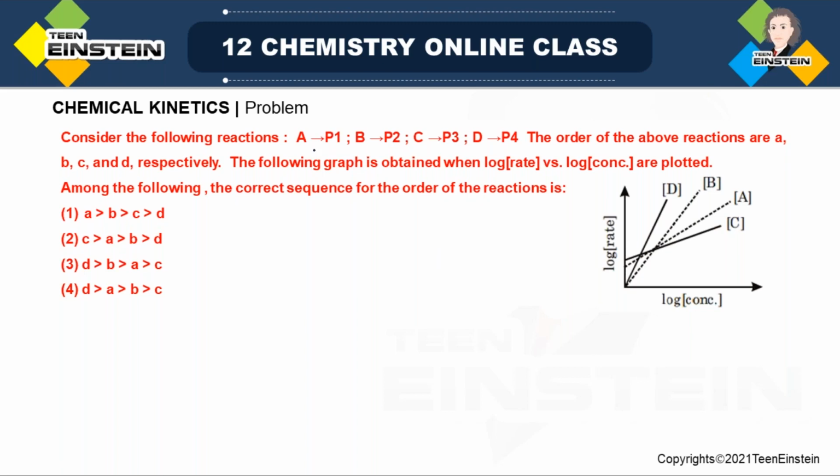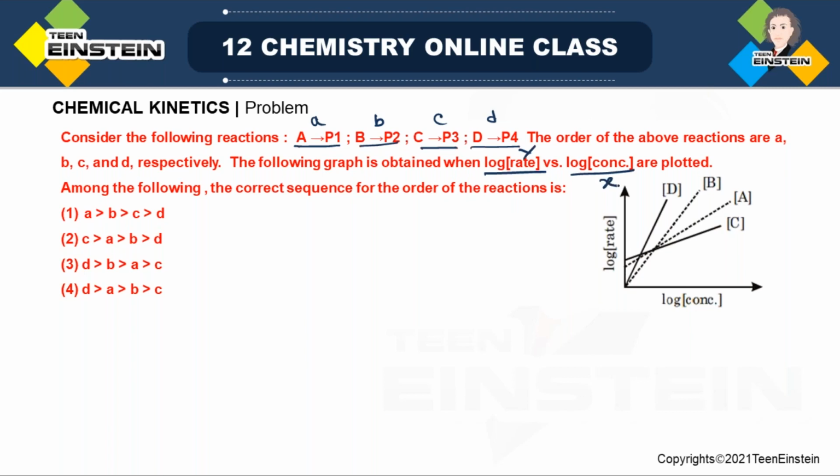Here we have 4 reactions. A to P1, B to P2, C to P3, D to P4. The orders of the above reactions are the corresponding small letters a, b, c and d. The following graph is obtained when we plot log rate on the y-axis and log concentration on the x-axis.